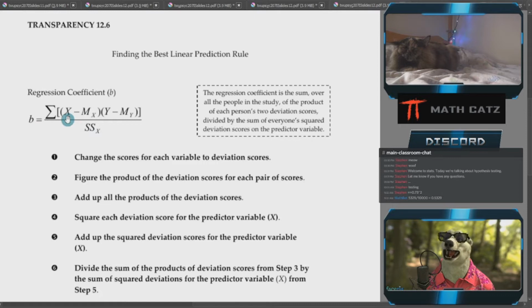So again, I have my x and my y scores, and I look at the deviation from their corresponding means, add them up, divide by the sum of the squares of the x's. I'm not going to read through all of this. You can pause and read through. It's just stepwise guiding you through this. But it's very similar to the correlation calculation in a way.